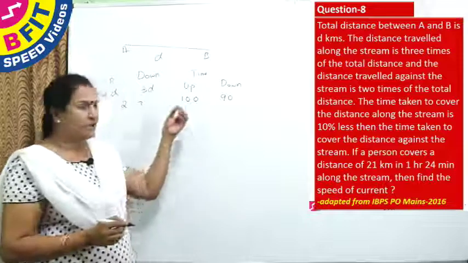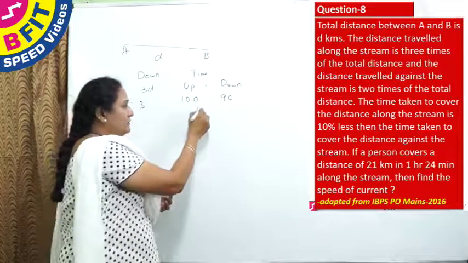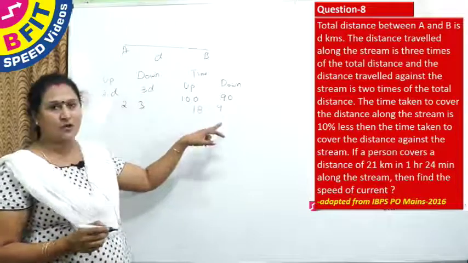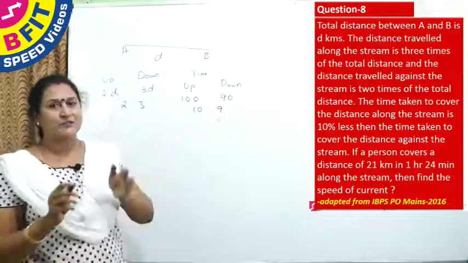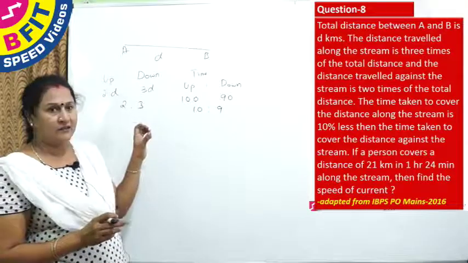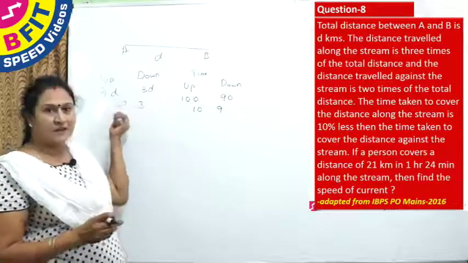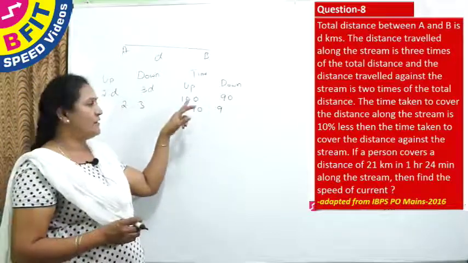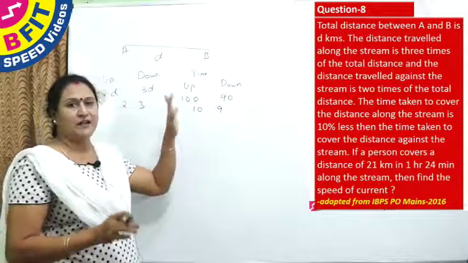So if time taken upstream is 10 parts, time taken downstream will be 9 parts, because speed is more. And in this explanatory part they have given the ratio of distance traveled upstream and downstream, that is 2:3, and time taken to travel upstream and downstream is 10:9.